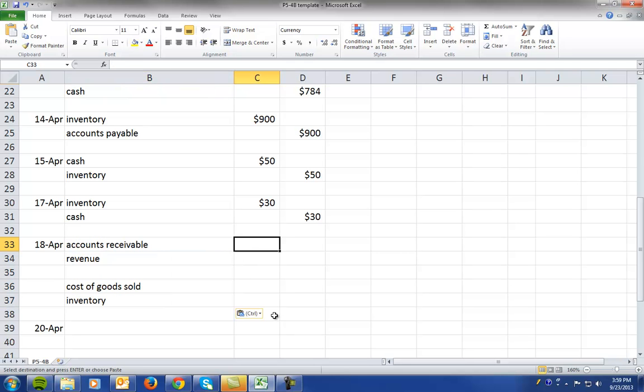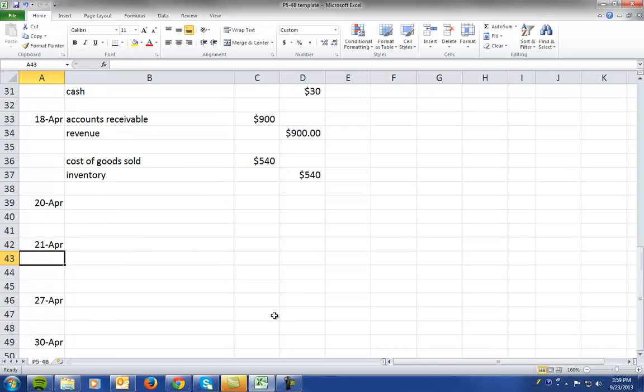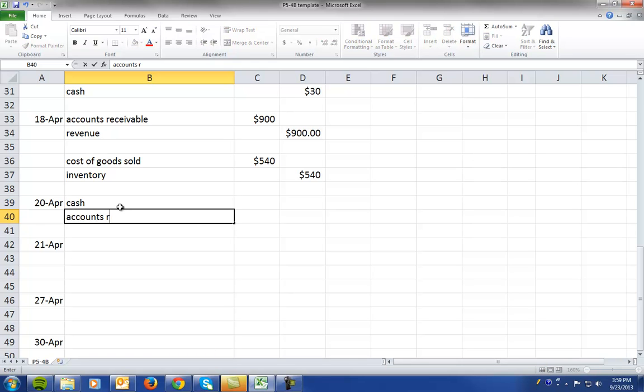And that was for $900 for the sale and $540 for the cost of inventory. Then on the 20th, it says they received $600 in cash from customers in settlement of their accounts. So we're going to debit cash and credit accounts receivable.